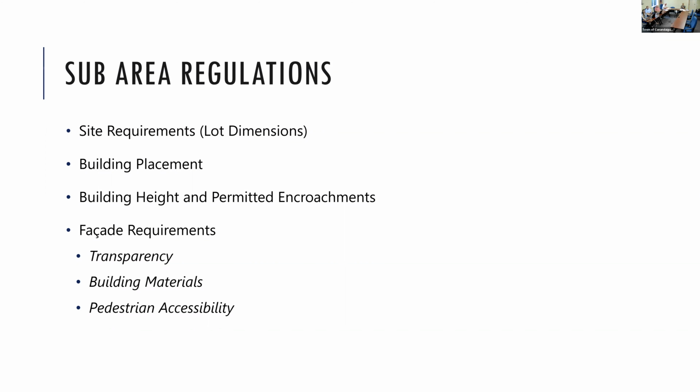And some of that difference is because we are promoting more residential use in the mixed use sub area. So we added some additional sub area specific regulations differentiating between commercial and residential uses, which was important when thinking about some of those design elements.